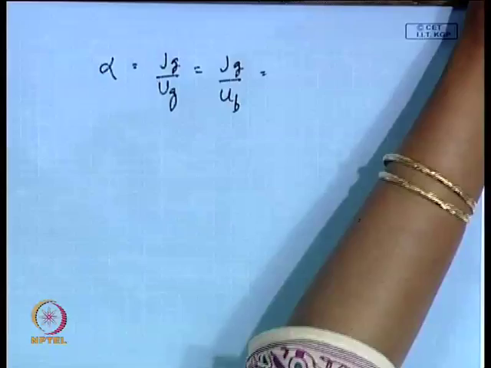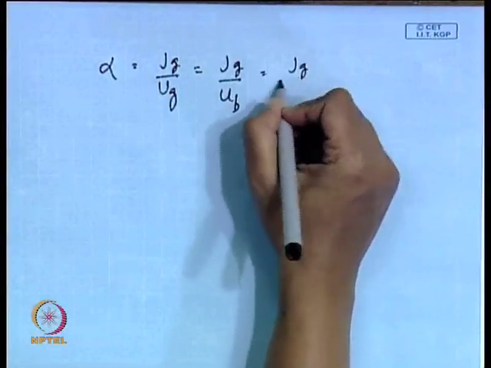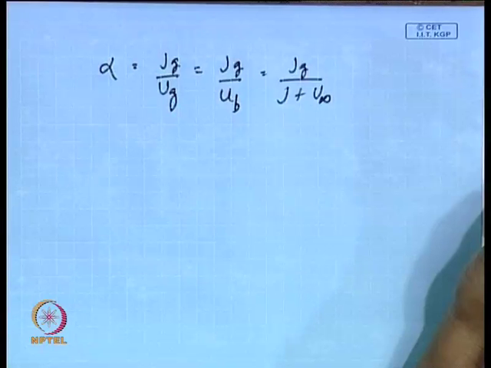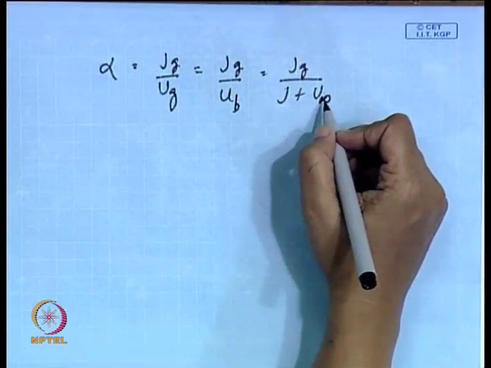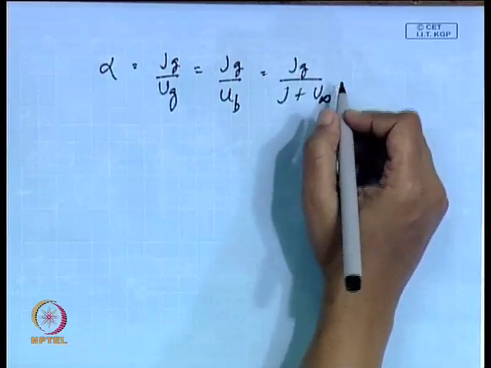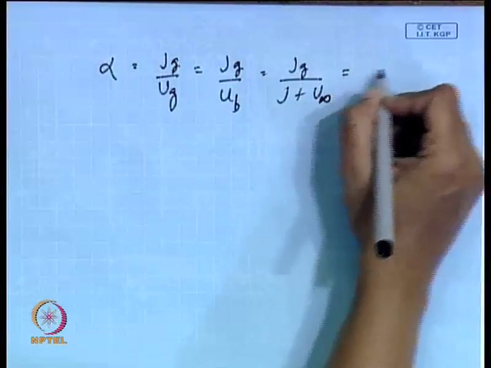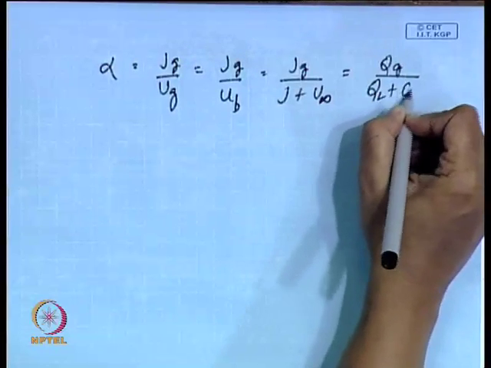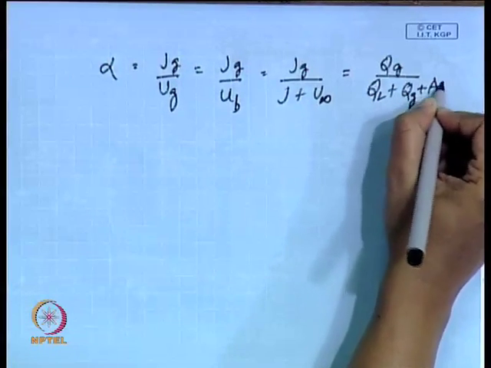So, therefore, this is equal to jg by j plus u infinity. Agreed? Okay. Why? Because ugj equals u infinity, and it is easy to find out u infinity. Now, in terms of volumetric flow rates, this will simply be equal to qg by qL plus qg plus A u infinity.